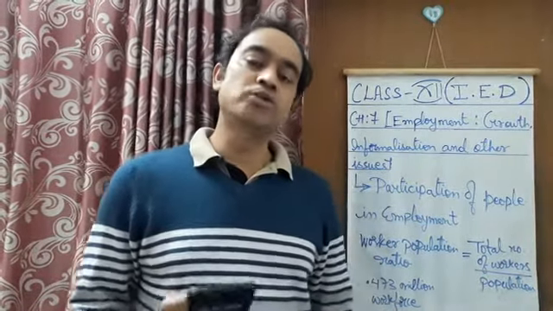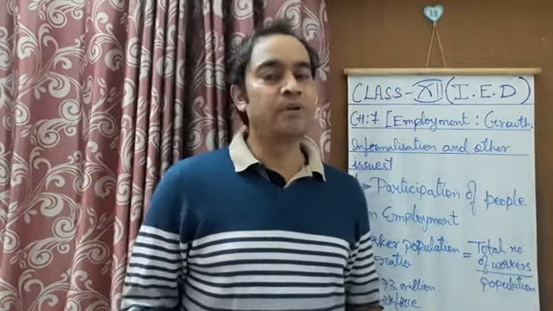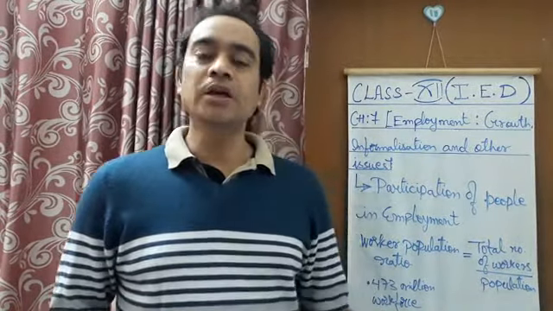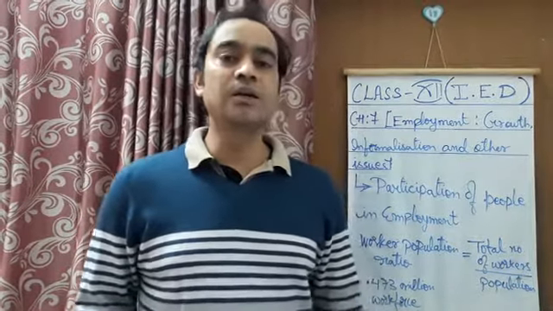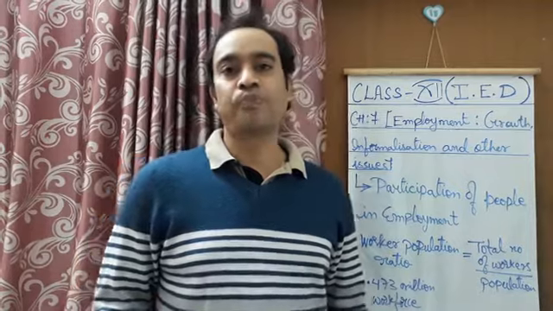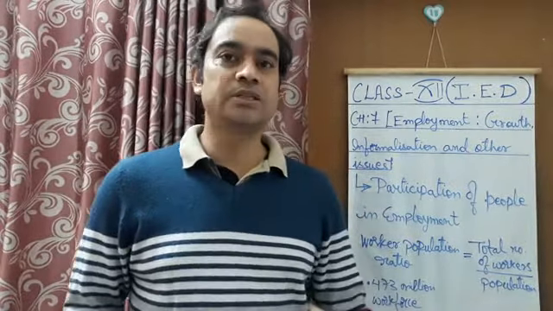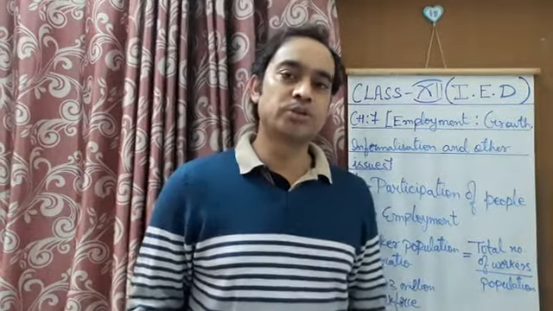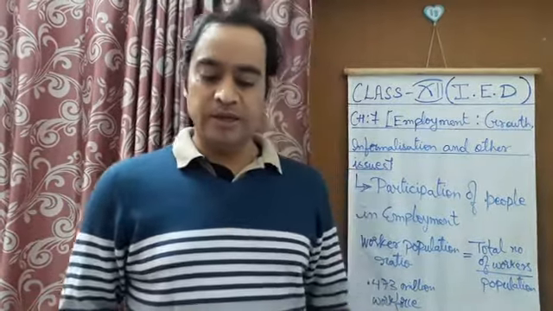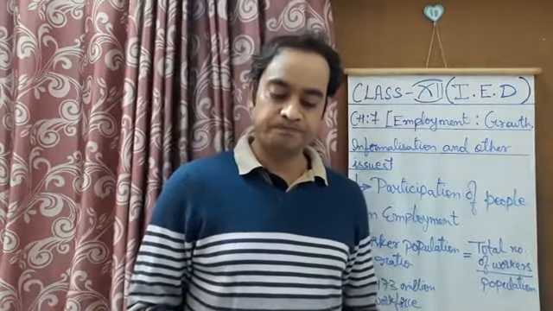Money is going to be generated through that activity, so that will be called an economic activity. These economic activities result in the production of goods and services in the primary sector, secondary sector and tertiary sector. So the worker population ratio tells us what proportion of the people are engaged in economic activities.